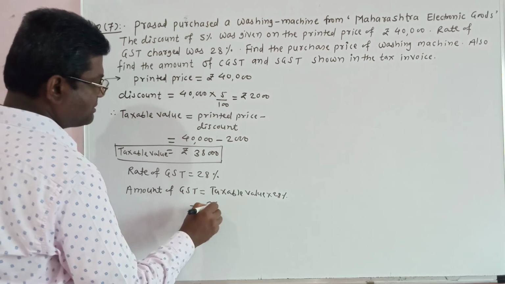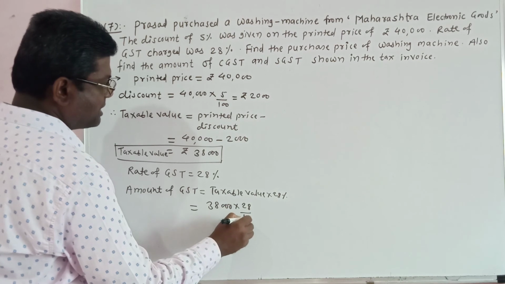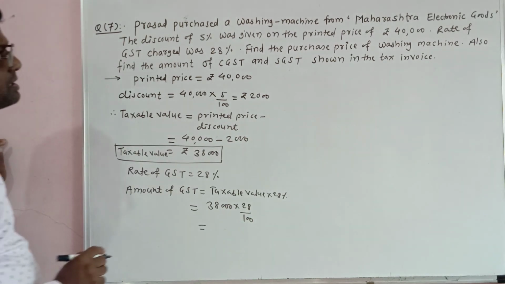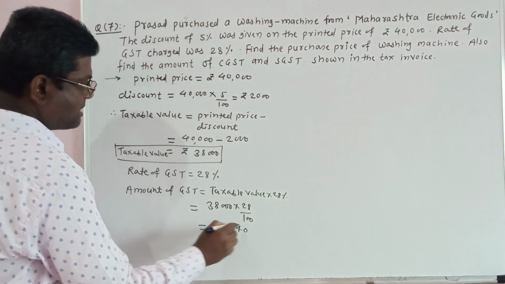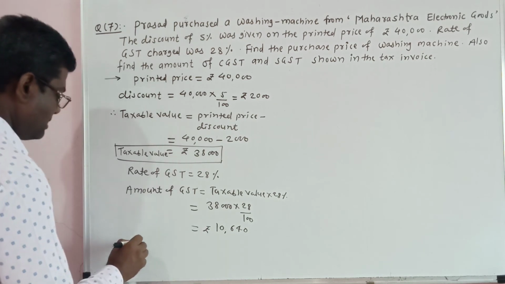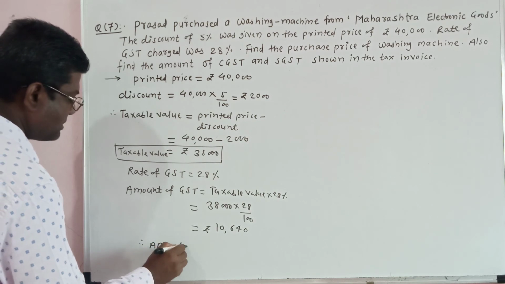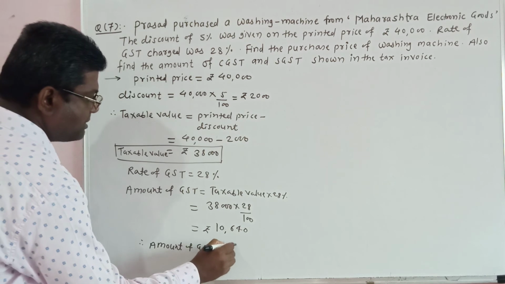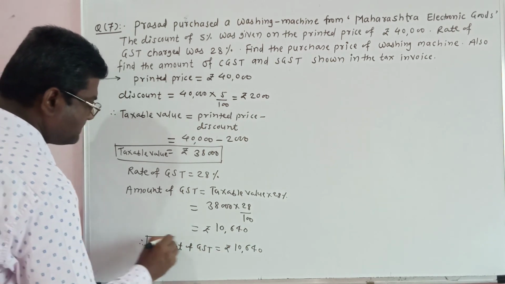Taxable value is 38,000 into 28 upon 100. If we calculate this, we get 10,640 rupees. Therefore, the amount of GST is equal to rupees 10,640.